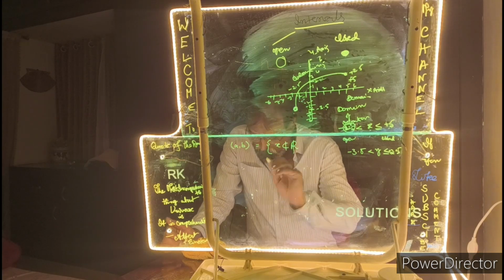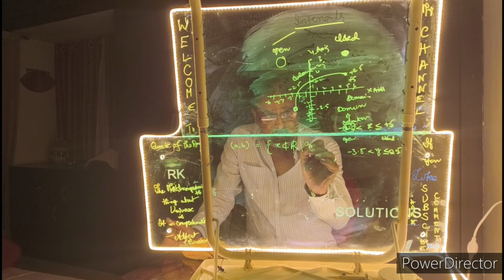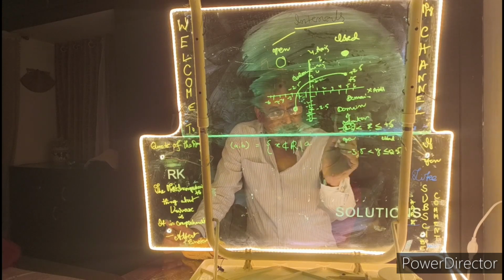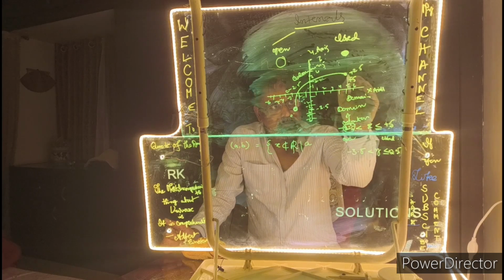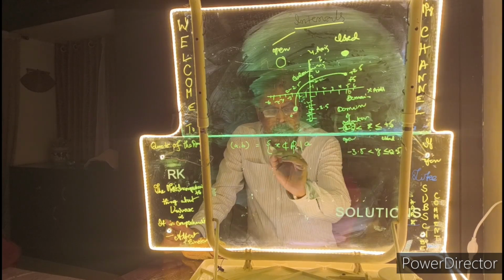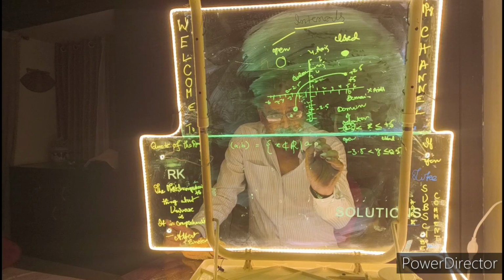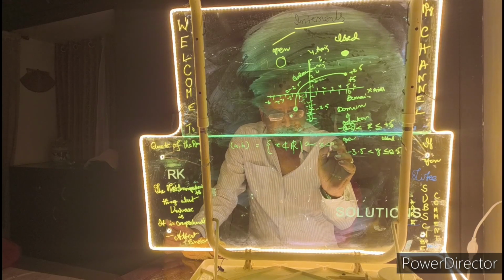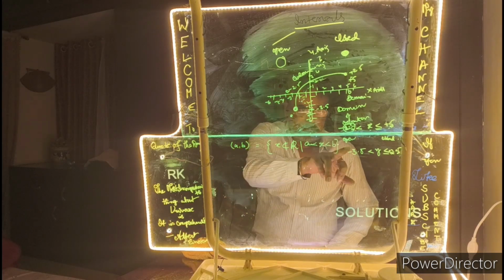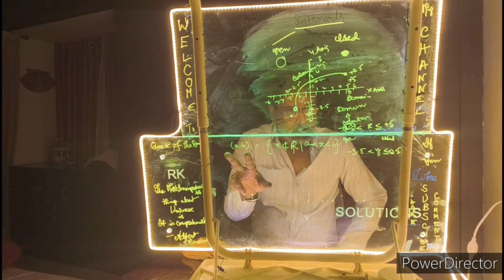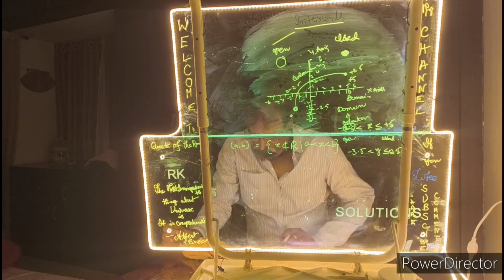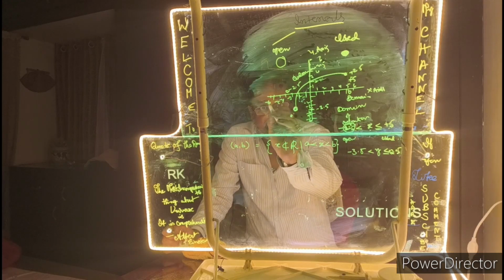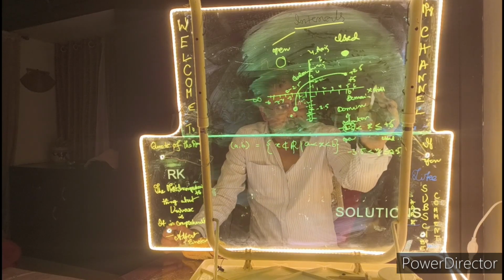So X belongs to R such that, as we have already seen here, minus 2.5 is A. Let's say this is A, this is B. So A is less than X, less than B. Right? Why? Because this is open interval. So let us say it extends to minus infinity here, plus infinity here.